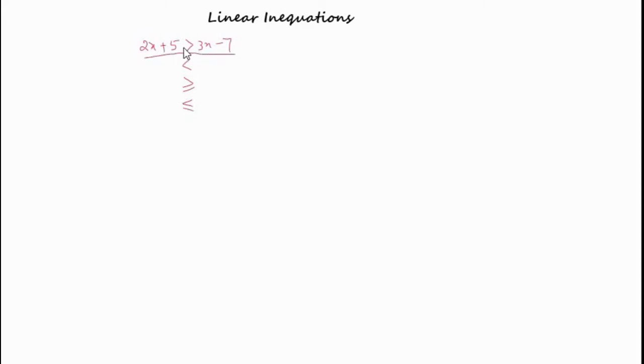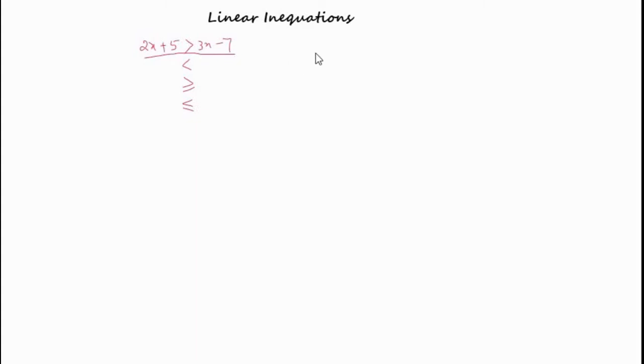If there are two expressions, one of the expressions must have a variable, and the other can be just a number or even zero. If they are compared using one of these signs, then it is a linear inequation.